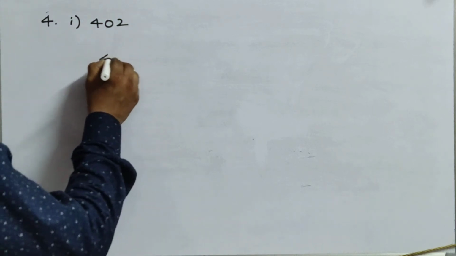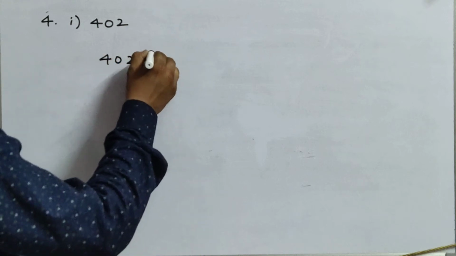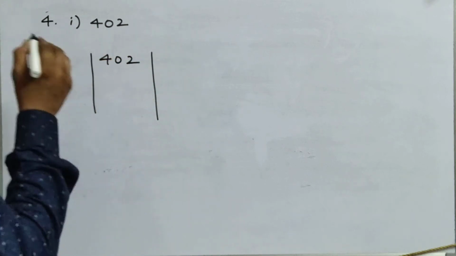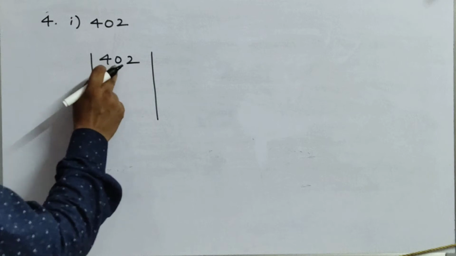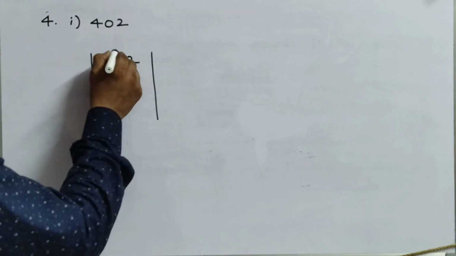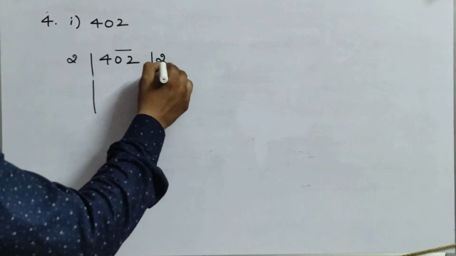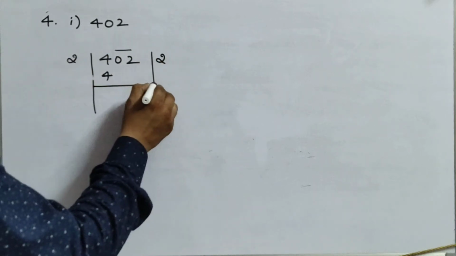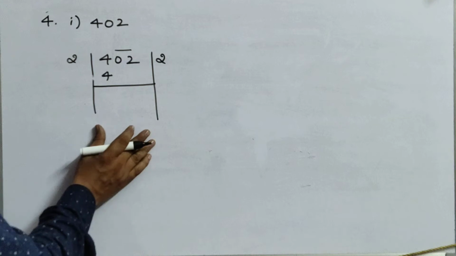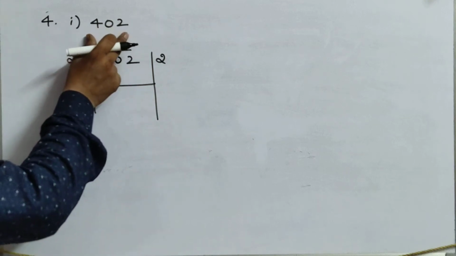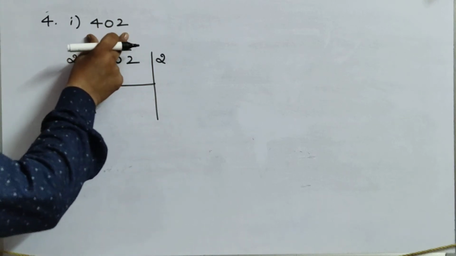See here, just follow the division rule, that means division method. 402. Okay, now 2 2s are 4. You will not get a perfect square exactly. Why? Because we have to subtract something from the 402.